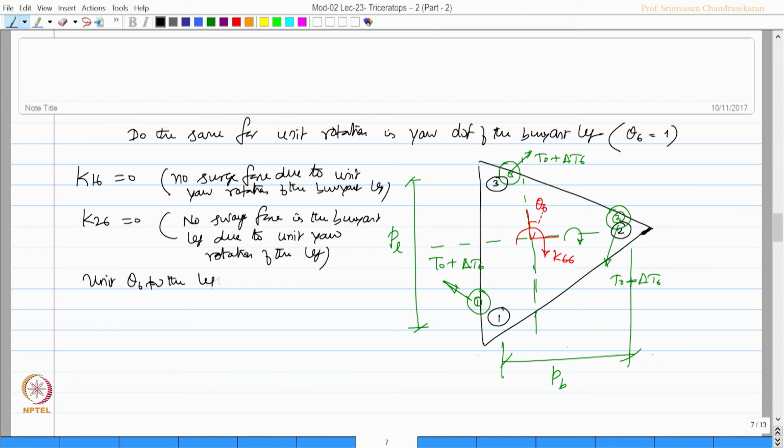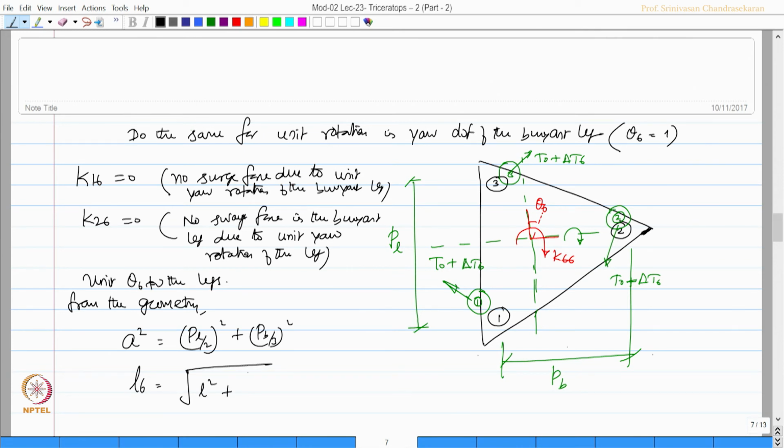Now, from the geometry we can say that A square and B square can be two new variables, which can be (PL by 2) the whole square plus (PB by 3) the whole square, and L6, the new length of the tether because of this twist, will be root of the sum of squares of L square plus (2A theta 6) the whole square.